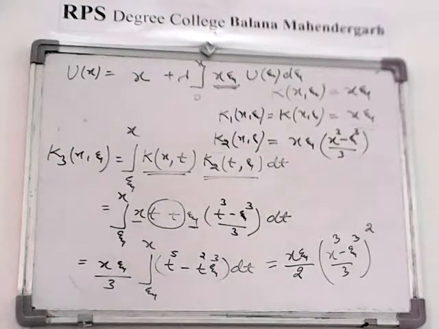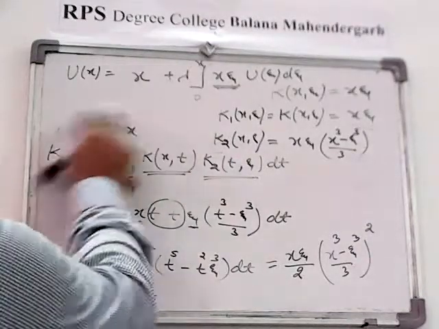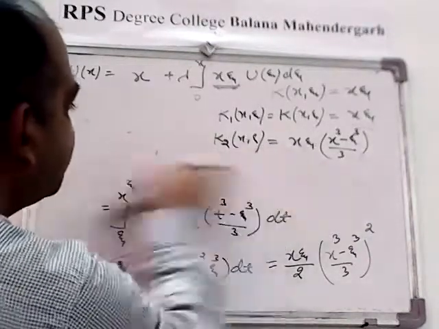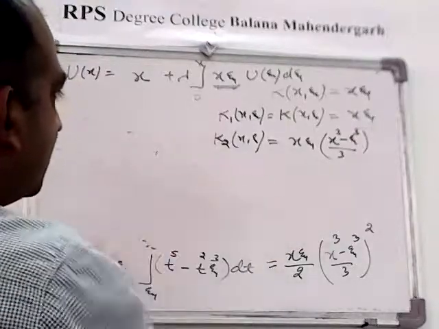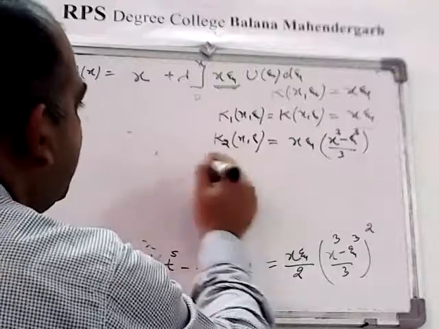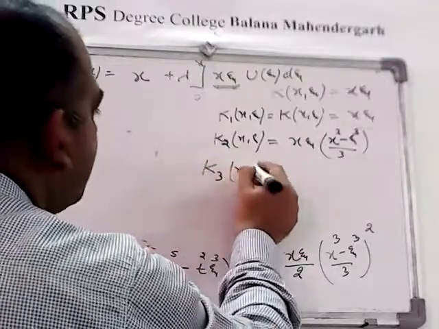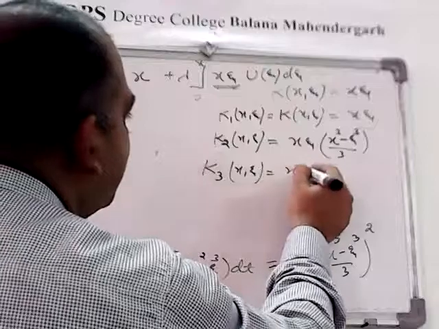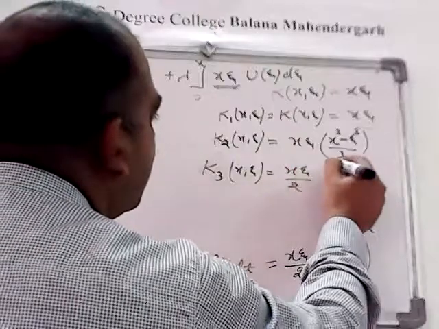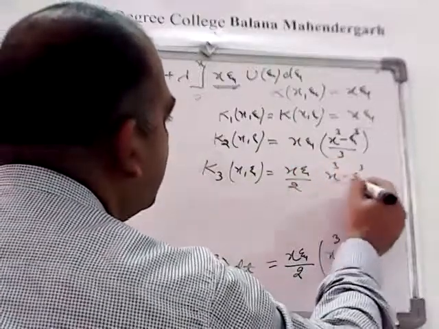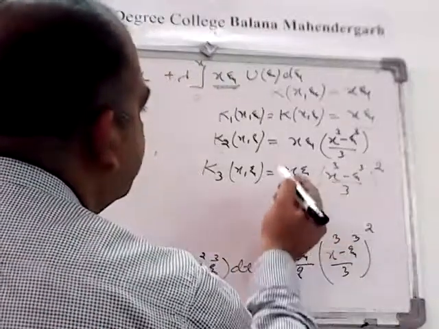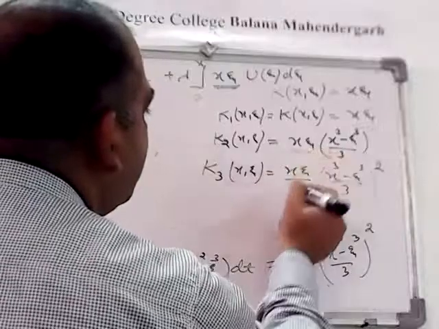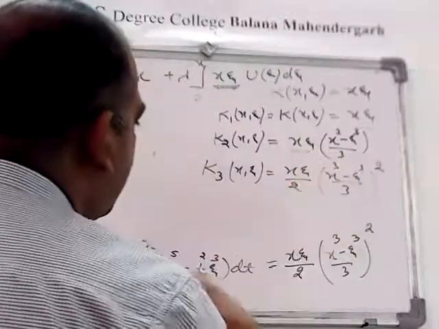So right now we have got our trend. In a similar manner, what will be the value of k4? As k3 of x comma xi is x xi by 2 times x cube minus xi cube by 3 raised to power 2, in k2 we have only 1, we can write it as 2.